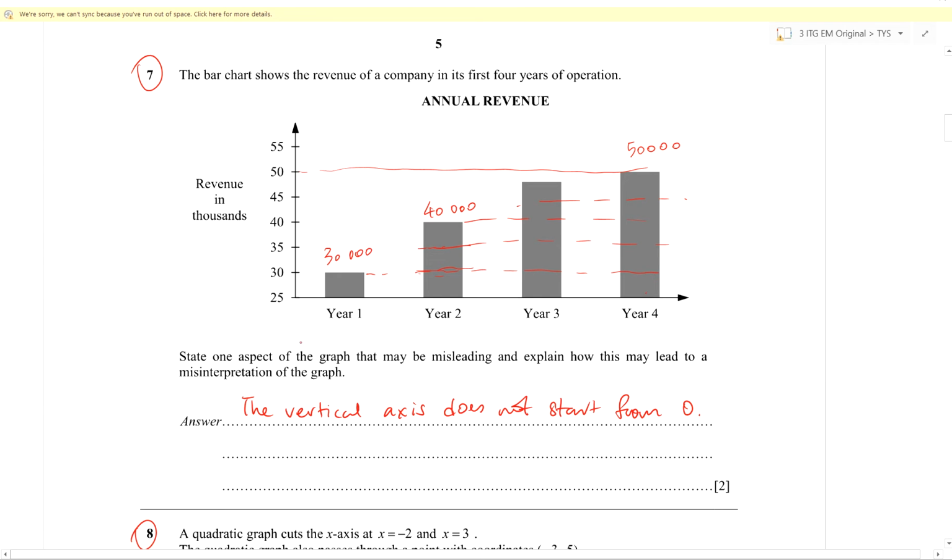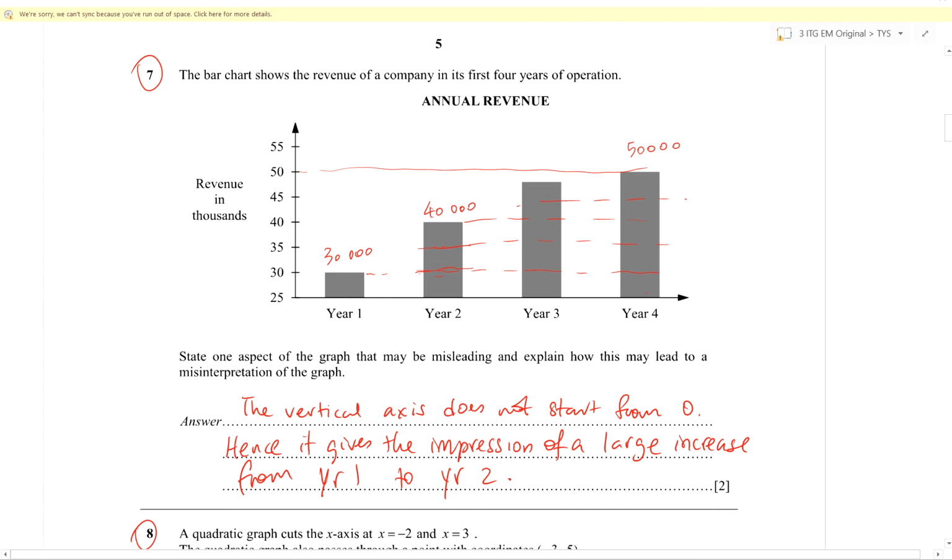And we can continue by saying, so this is what is suggested. Hence, it gives the impression of a large increase from year 1 to year 2.